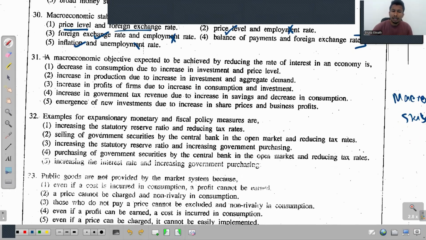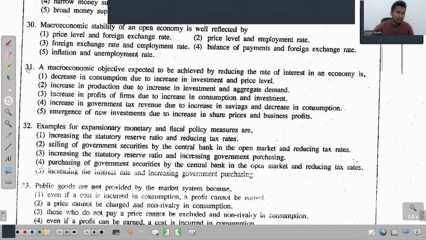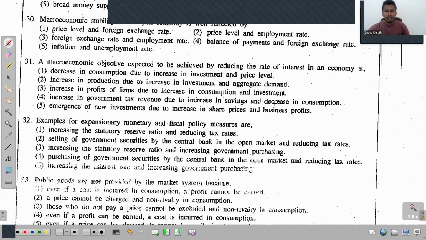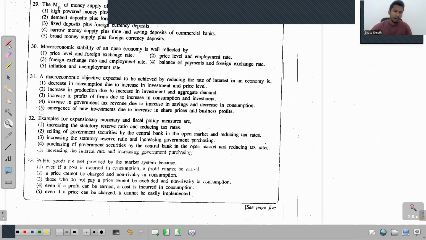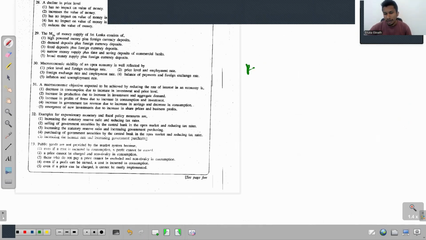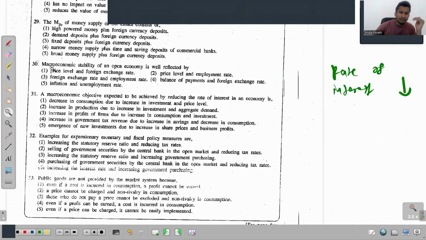Right, look at this question 31. It says, a macroeconomic objective expected to be achieved by reducing the rate of interest of an economy is, all right, so we will imagine that the rate of interest is reduced.